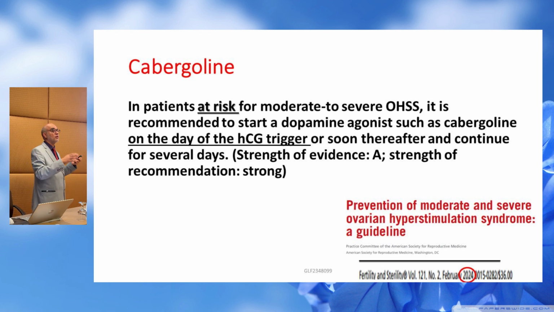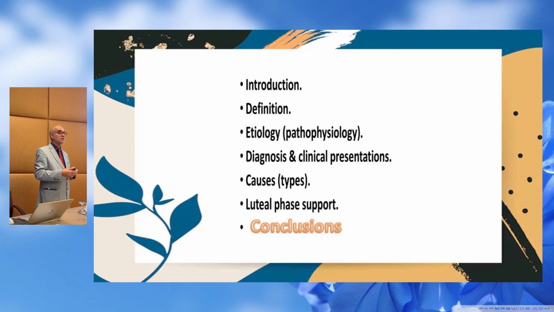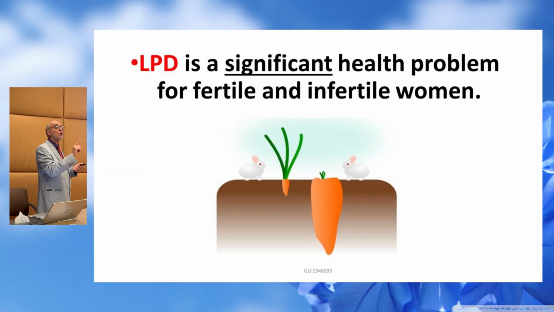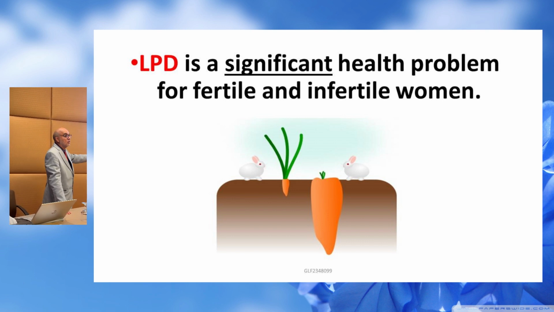So in conclusion, sorry for the wide discussion, we have to know that luteal phase deficiency is a significant health problem. It's not only an infertility problem, it is a health problem for gynecologic patients. And actually it is underestimated by this doctor on the left side. He looks at it as this small green part, and he does not look at the majority of the problem under the ground, or it is overestimated by some doctors who are over-giving progesterone or luteal phase support, and the problem is mild.